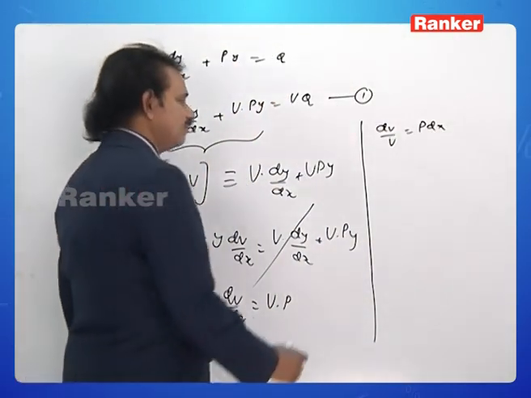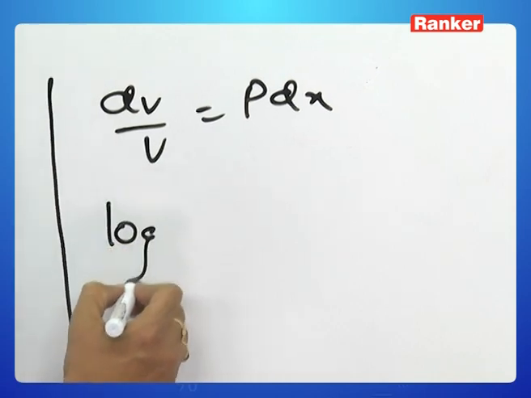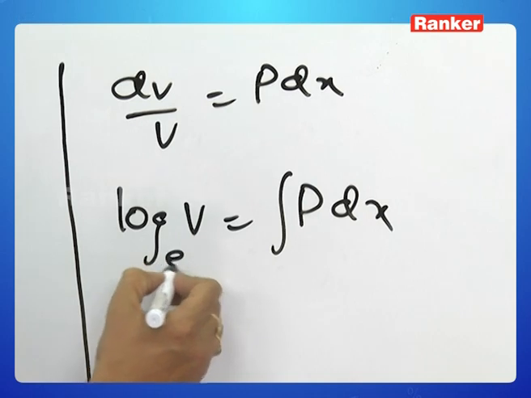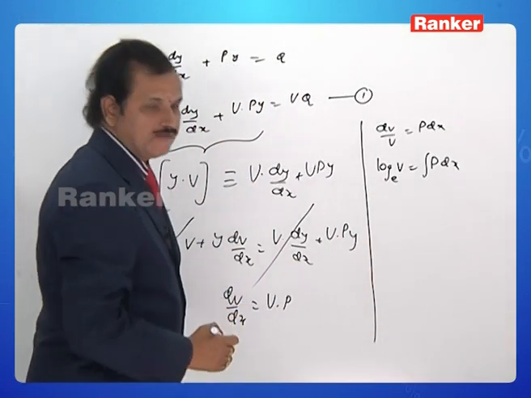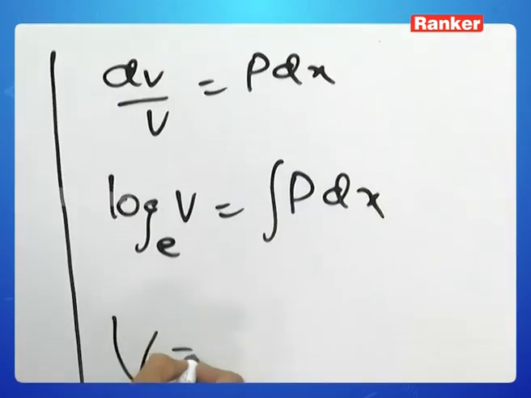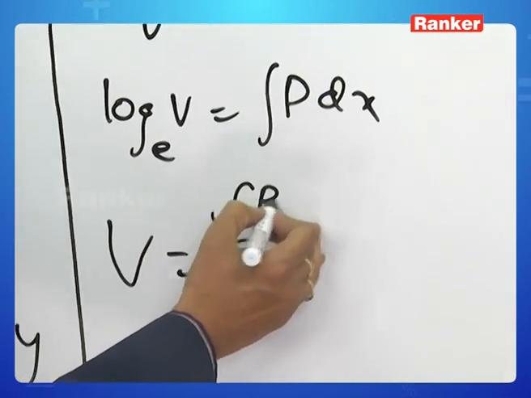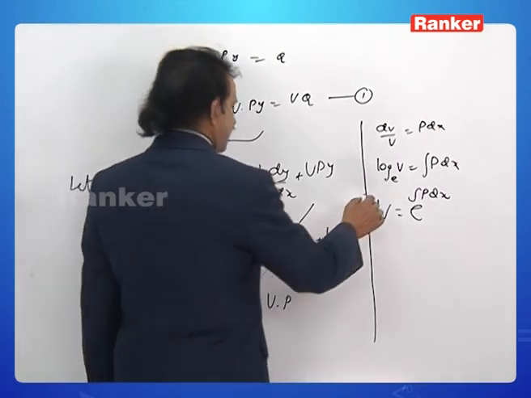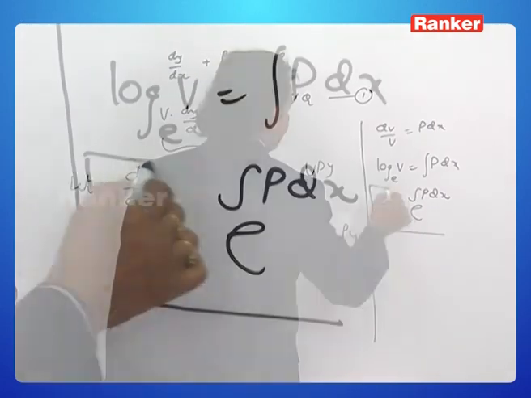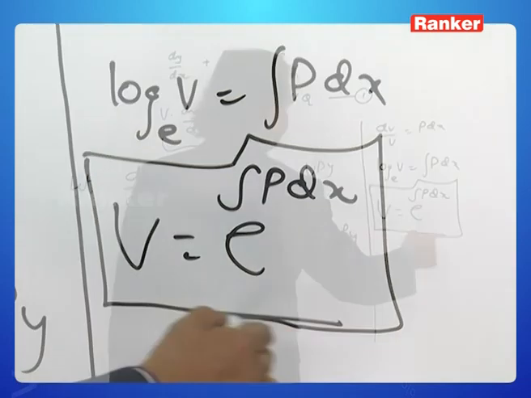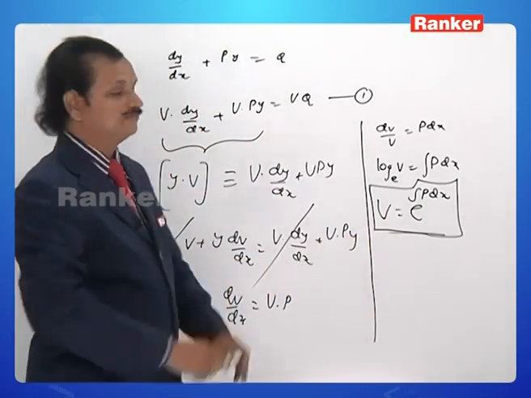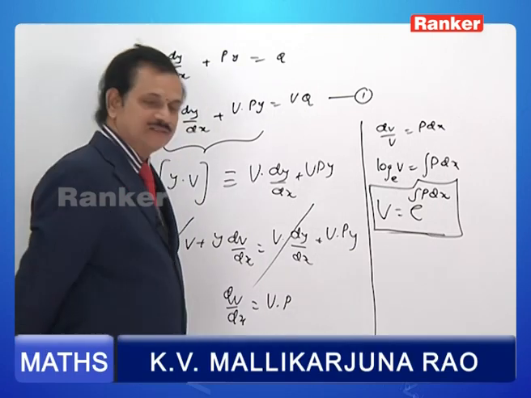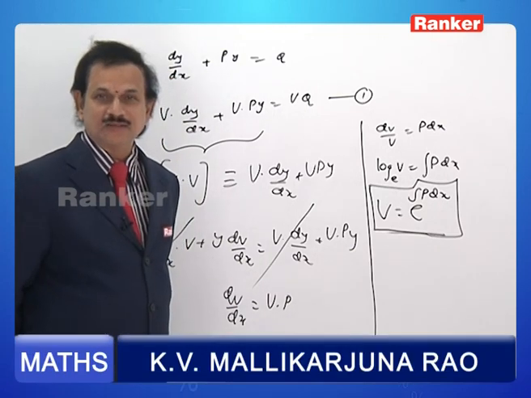On integrating this, we have log mod v is equal to integral p dx, of course to the base e. And from this you have directly v is equal to e power integral p dx. This is the reason why we choose this particular factor as integrating factor.